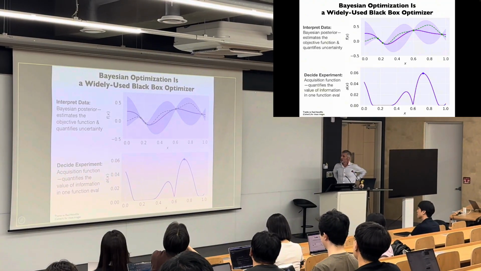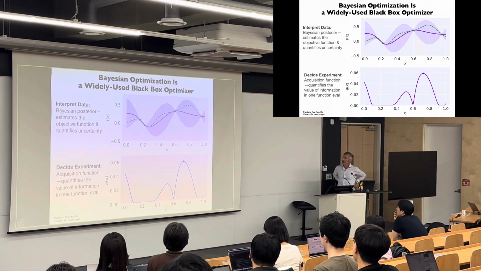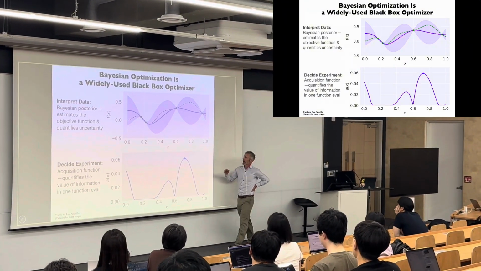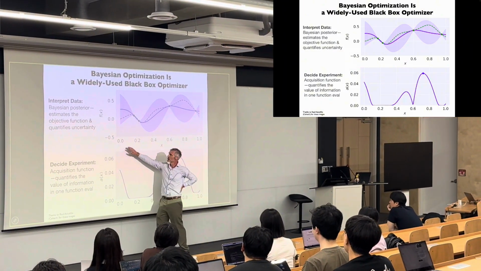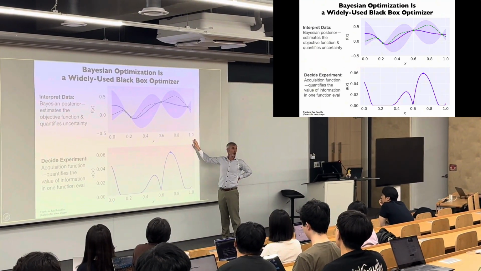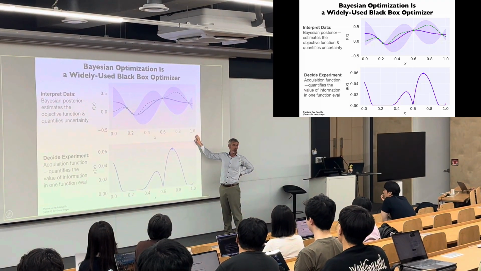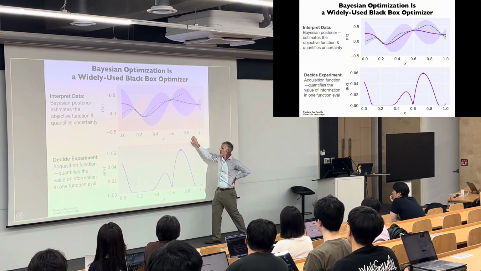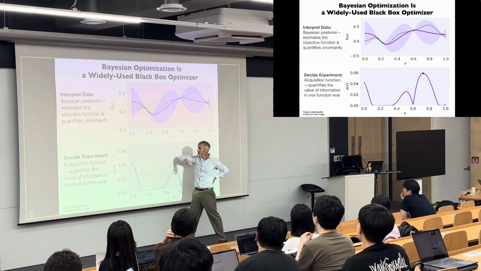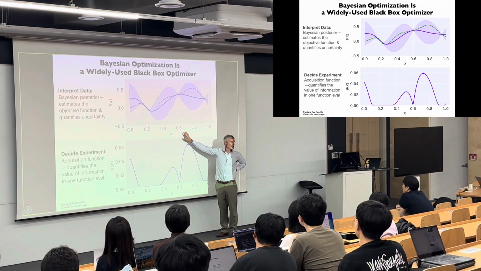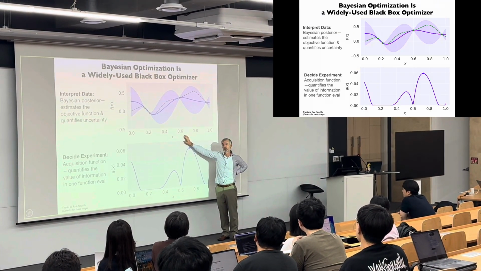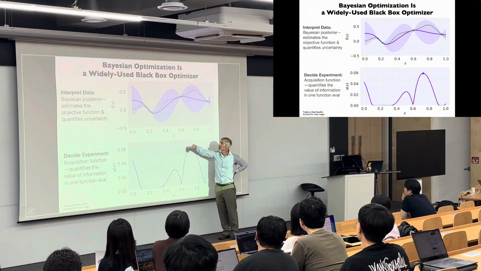Here what I'm showing you is an experimental setup where I have an input parameter, x, that ranges between 0 and 1. Maybe in a drug formulation design setting, you might think about this as the concentration of some particular ingredient. To make pictures easy for you to see, I'm only focusing on one input dimension in this optimization function.